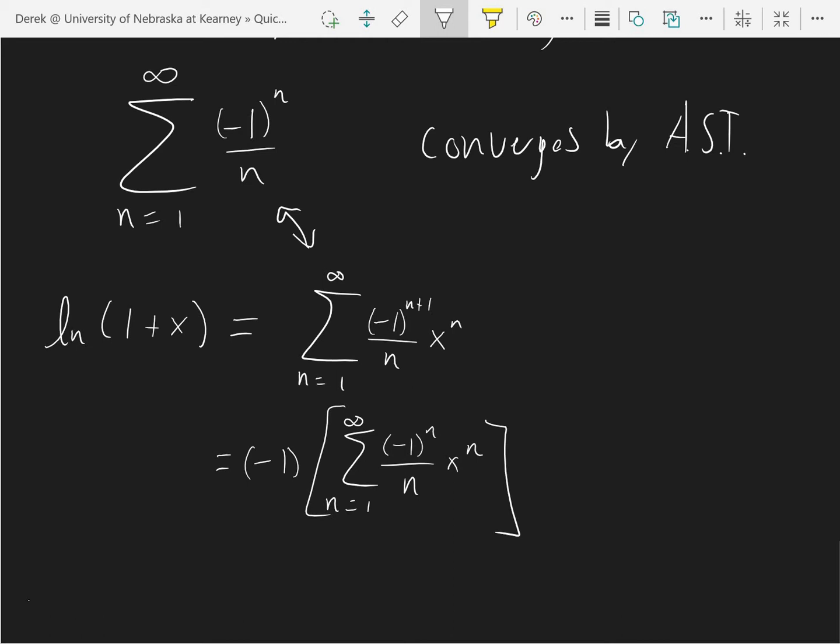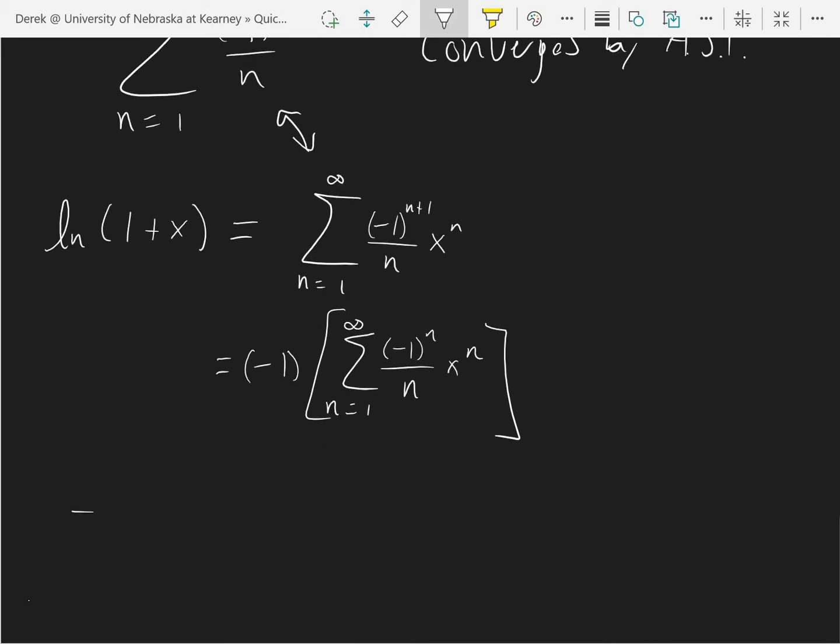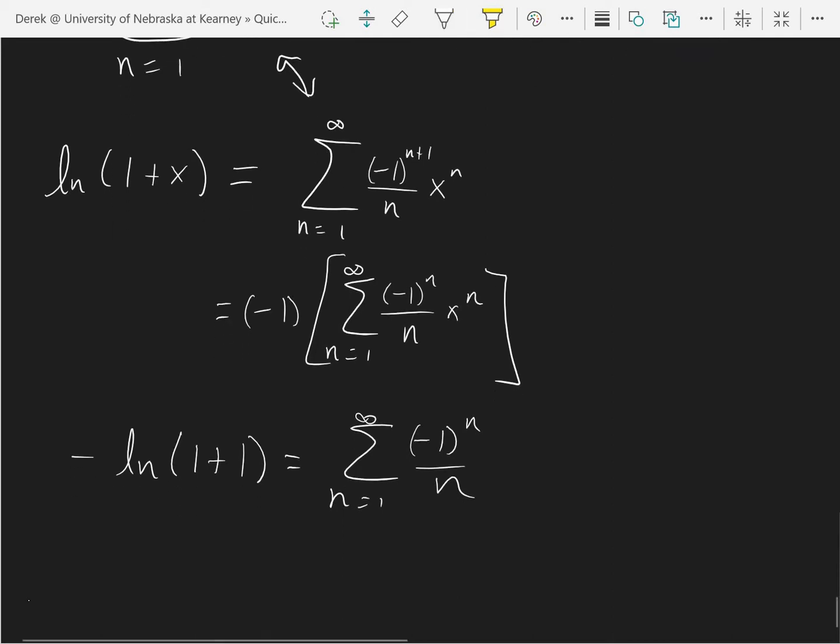So negative natural log of 1 plus 1 is equal to the sum from n equals 1 to infinity of -1 to the n over n. That's equal to the negative natural log of 2, which is equal to the natural log of 1/2.